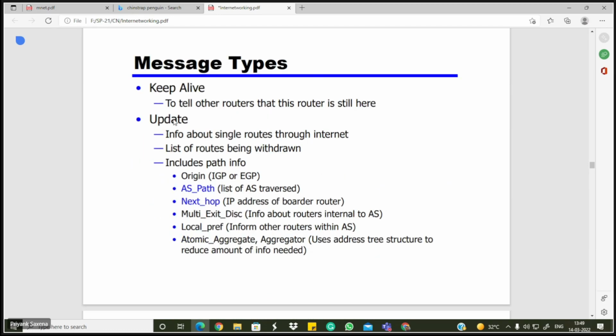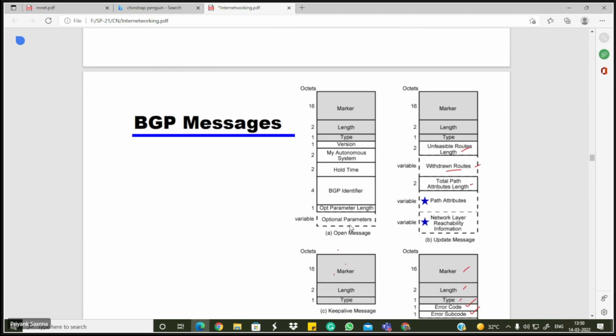So an update message is sent whenever they discover any new path. It has the AS path, the list of AS to be traversed, and the next hop, which next hop it will be, and the multi exit discriminator, that is basically what are the exit routes in the autonomous system. So that information can be put in these messages, right?